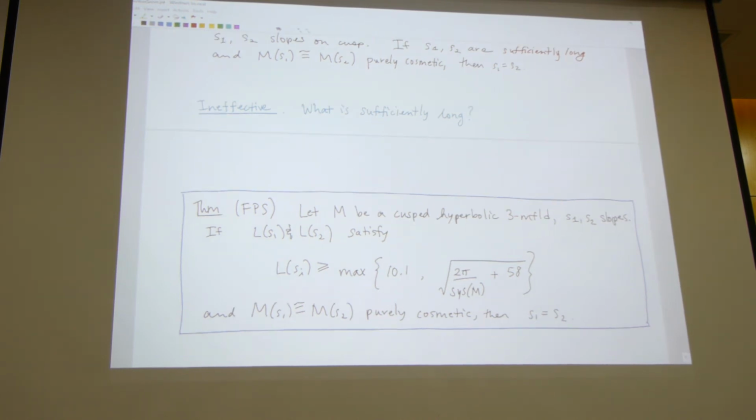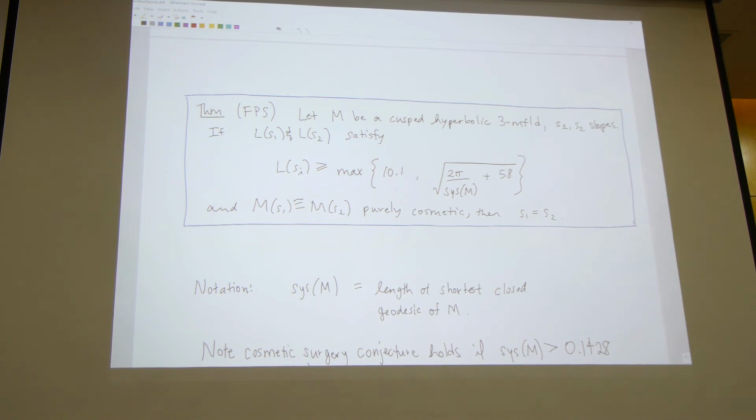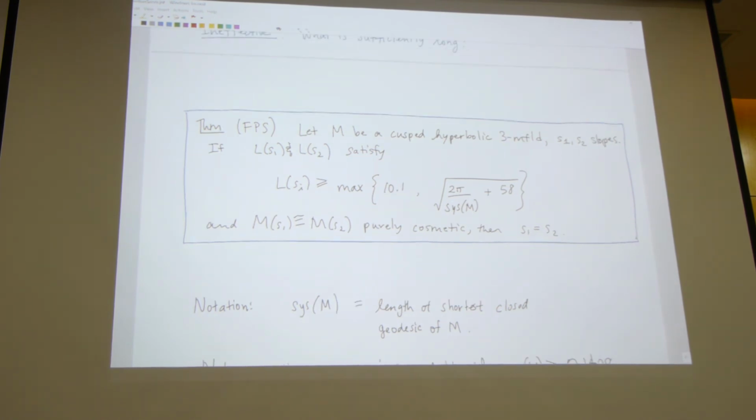One of them is a fixed constant, 10.1. The other one is the square root of 2 pi over the systole. I didn't say what the systole is. The systole is just the length of the shortest closed geodesic inside of M. Then the result is that if these are a purely cosmetic pair, meaning the Dehn-filled manifolds are homeomorphic by an orientation-preserving homeomorphism, then S1 and S2 have to agree.